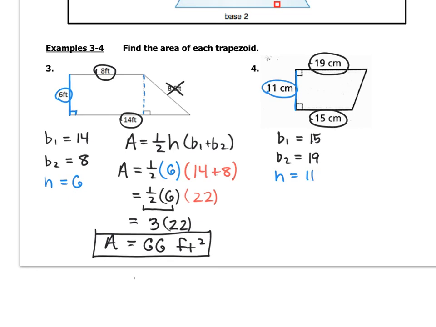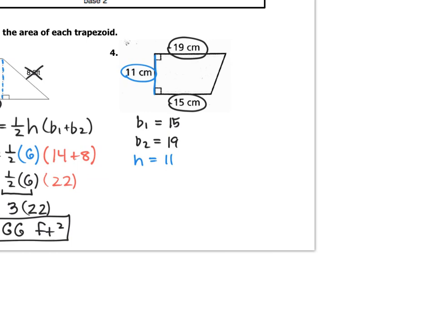So to find the area of this trapezoid, again my formula is area equals 1/2 times height times the sum of the bases. So this is going to be 1/2 times 11 times the sum of 15 and 19.